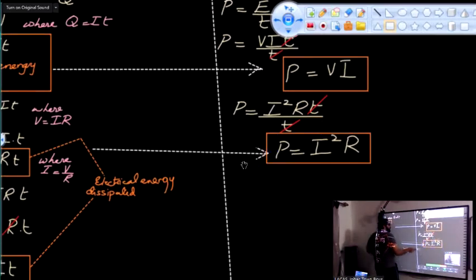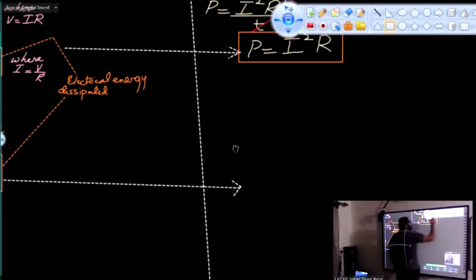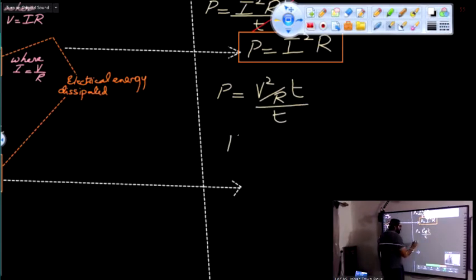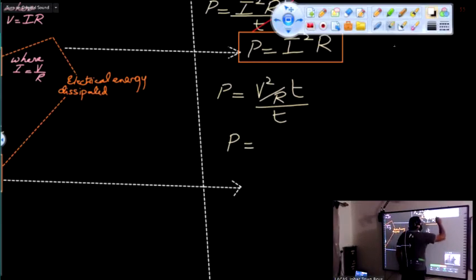Now, next step, we have this part. Power is equal to V square over R T divided by T. So power is equal to, again, I'm cancelling out this part.